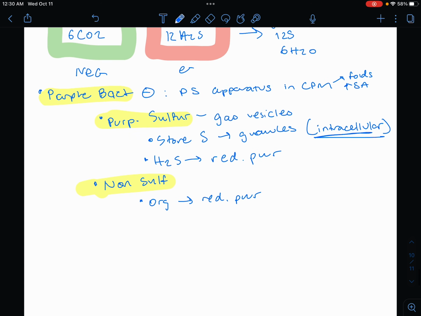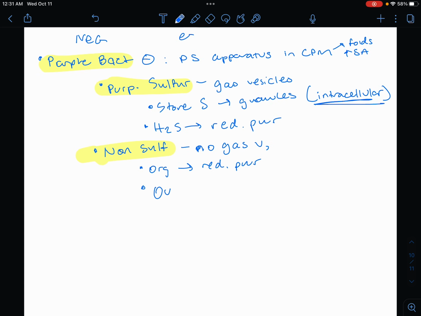No gas vesicles. And these are going to be outside granules. So non-sulfur, out. That's kind of a key there. Non and out.